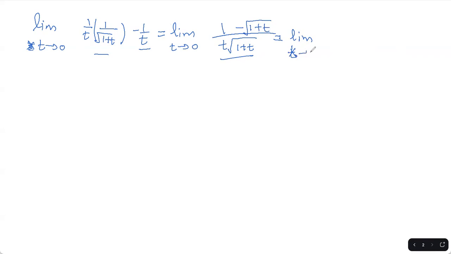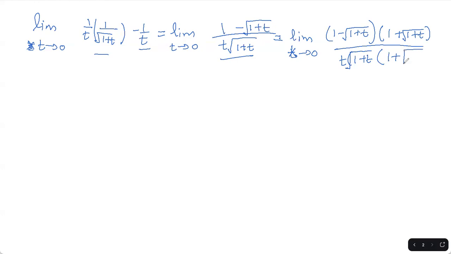So t goes to 0. It's 1 minus the square root of 1 plus t. So you multiply with the other one, 1 plus the square root of 1 plus t. So I multiply the numerator with 1 plus the square root of 1 plus t, so you have to multiply the denominator as well. So here you have this one times 1 plus the square root of 1 plus t.